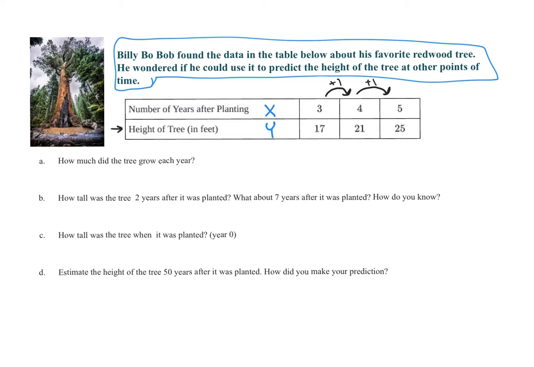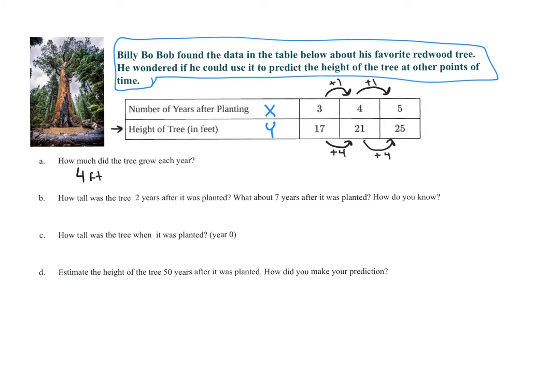So between 17 and 21, we see a growth of positive 4. Between 21 and 25, we also see a growth of positive 4. So what we could say about this is that each time our year grows by 1, our tree grows 4 feet, or each year the tree grows 4 feet.